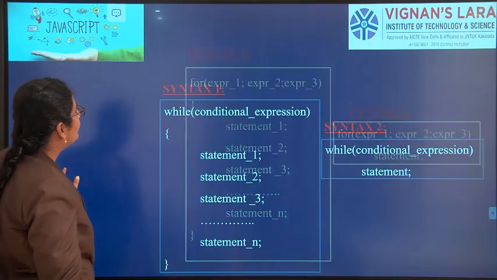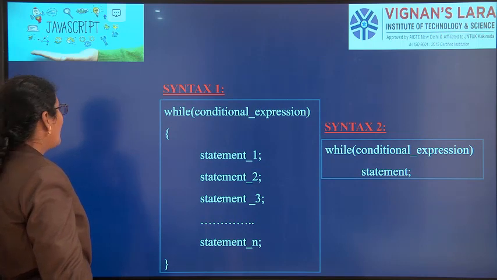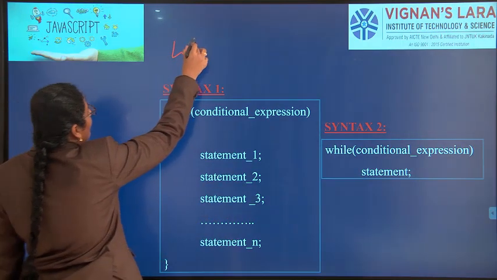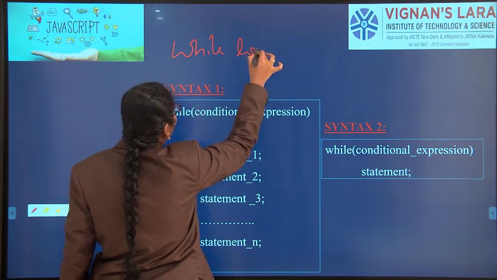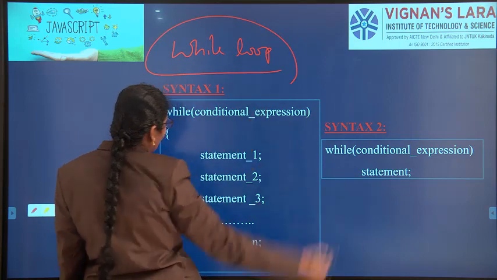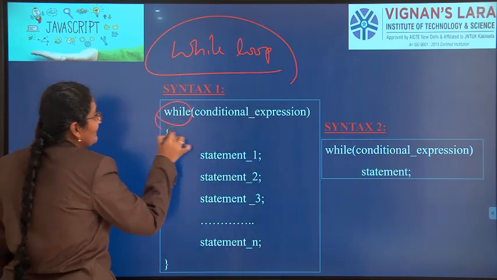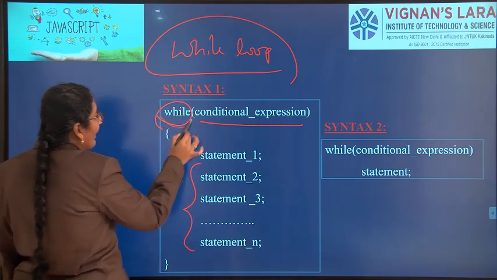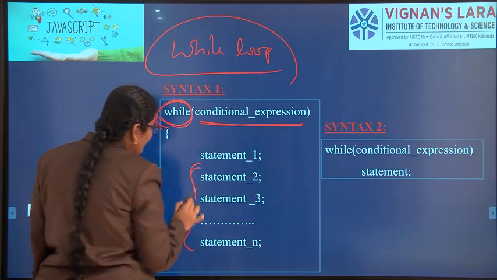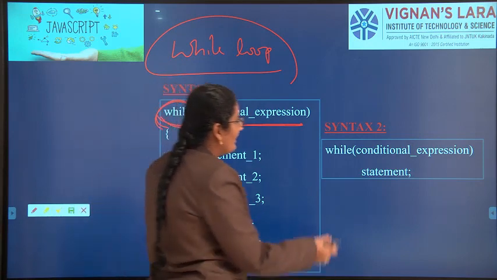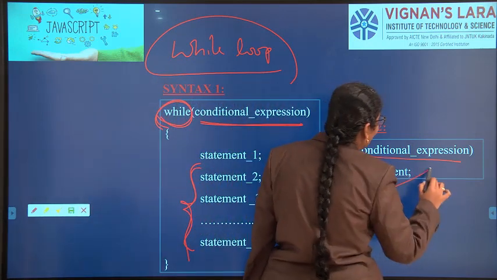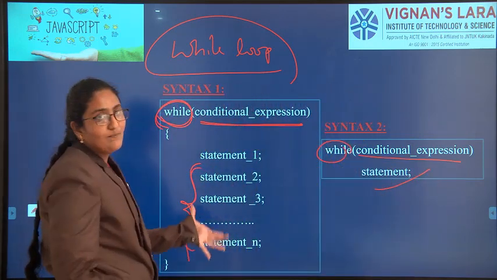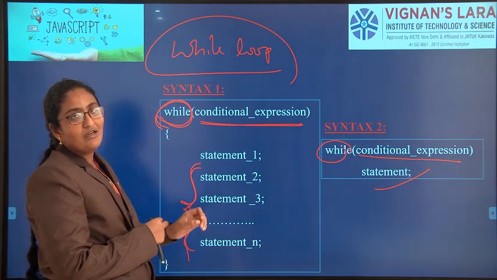So the next one, while. Very interesting. While loop. So what is the while loop? While this condition is true, you have the statements. While condition statement is the simple syntax. I am just telling syntaxes for all the control structures.